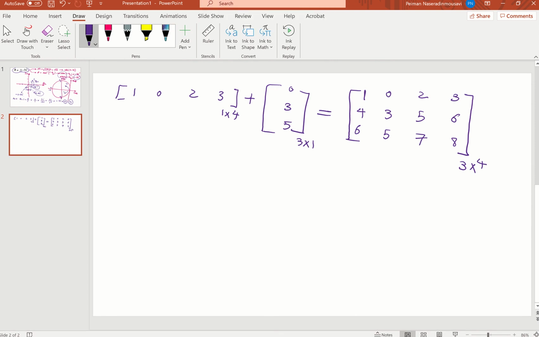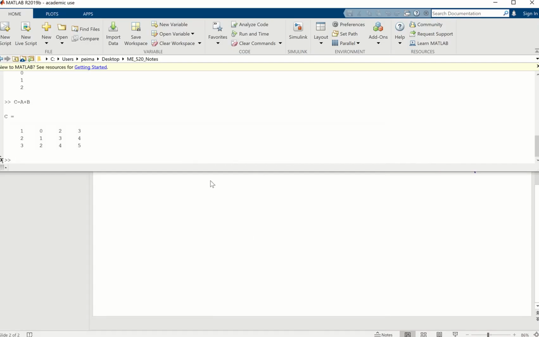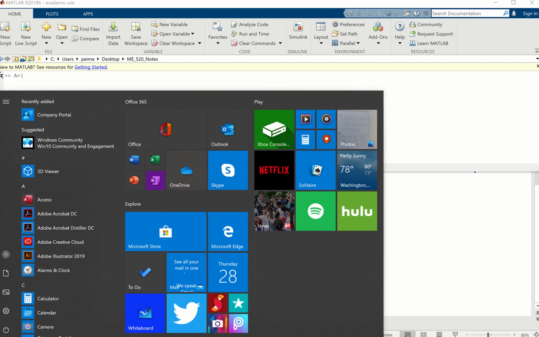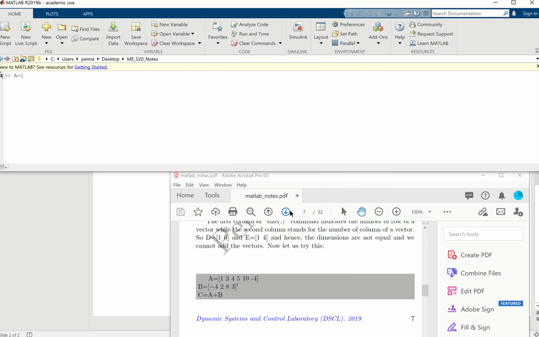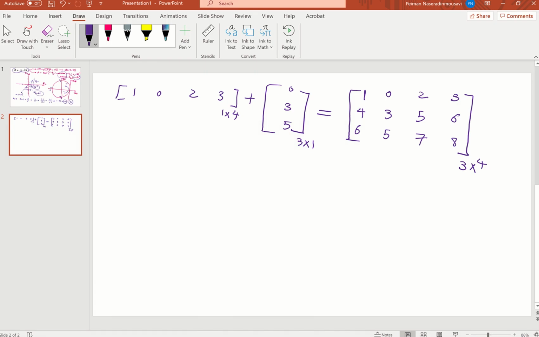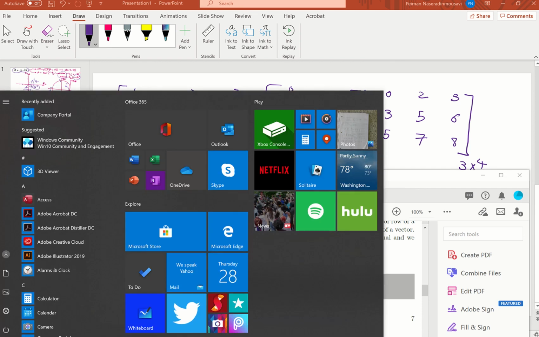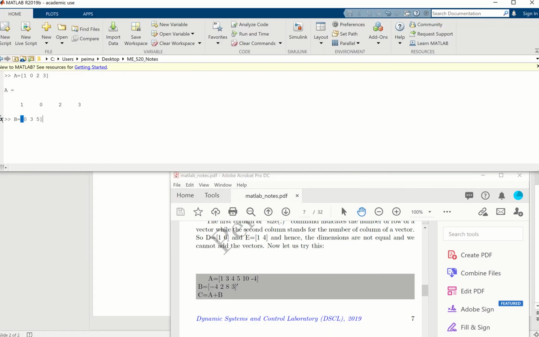If you do that in MATLAB, your A is 1, 0, 2, 3, and your B is 0, 3, 5, this column.